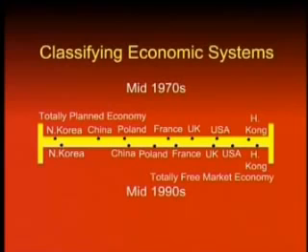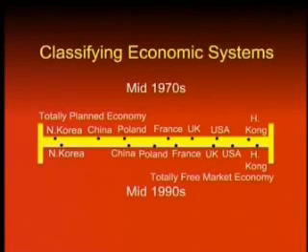And throughout the late 80s and early 90s, we've shown a consistent movement towards the right side of the spectrum. So we're somewhere between the UK and the US in the 1990s.